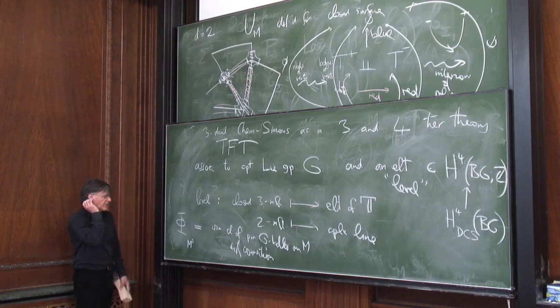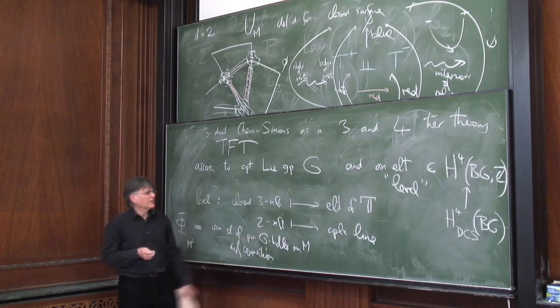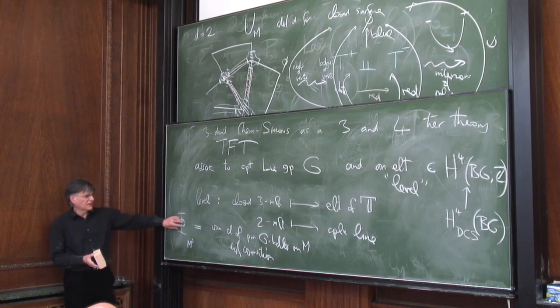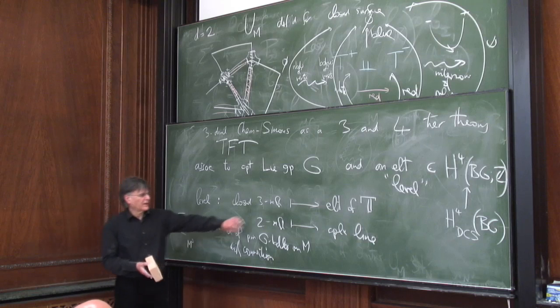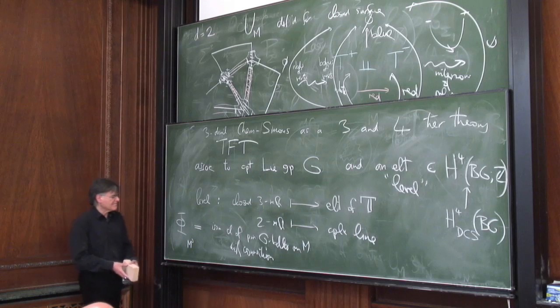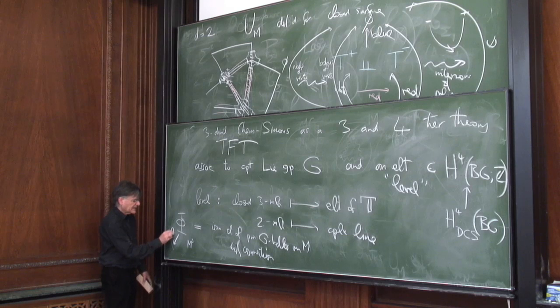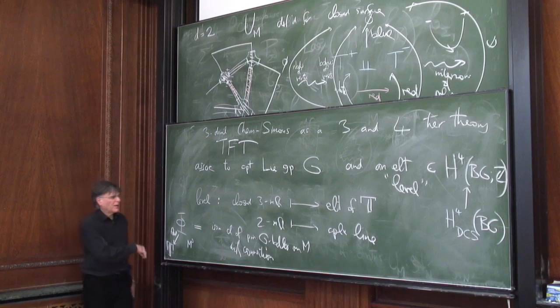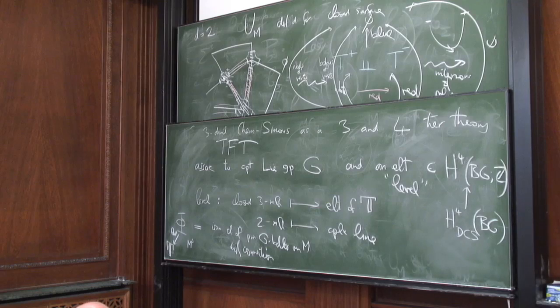So this class, the level, gives us something in the circle associated with a closed 3-manifold. It would give us an integer if we had a bundle on a 4-manifold, but on a 3-manifold, it gives us something in the circle. So the action is just precisely this level, which goes into the circle. And we want to do the path integral corresponding to that.